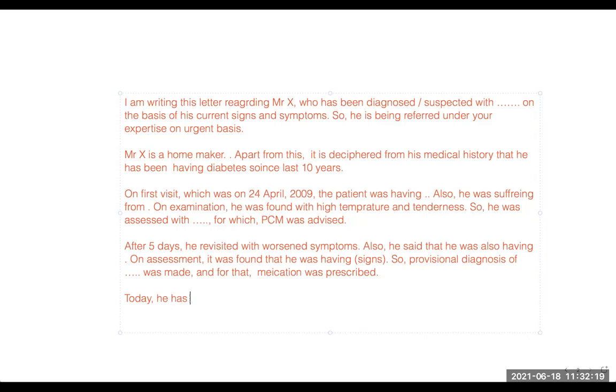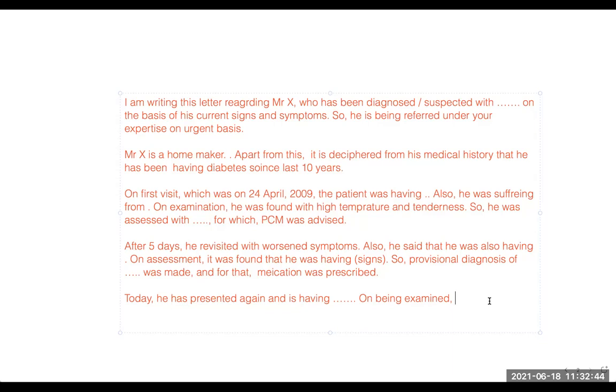Today, now it comes to the present, he has presented again and he's having this and this problem. On being examined. This is the variation you do in the present tense. On being examined, that means I want to use ing to make it continuous.